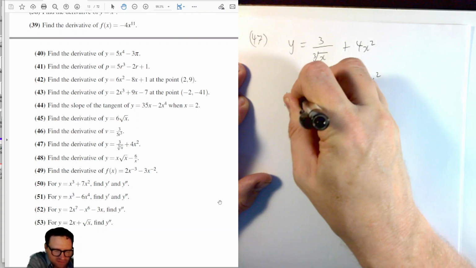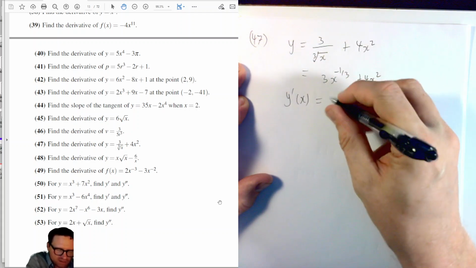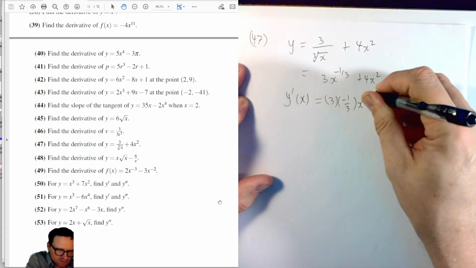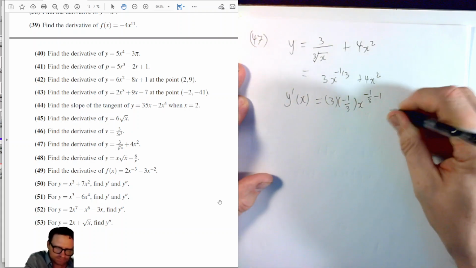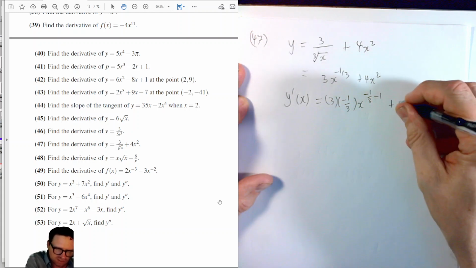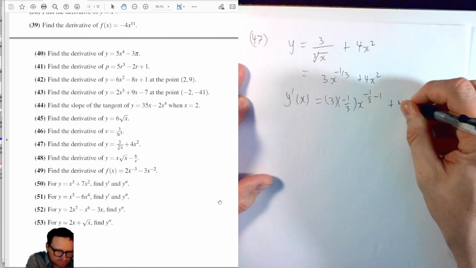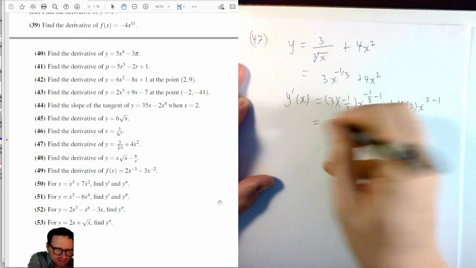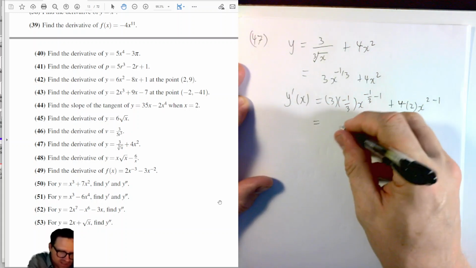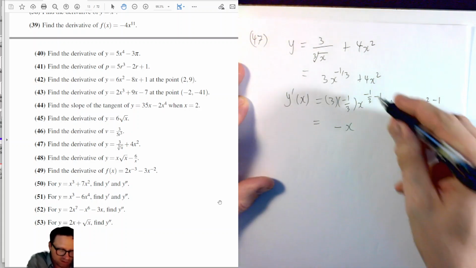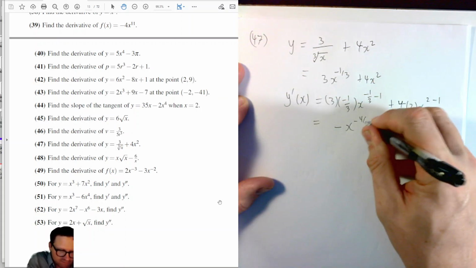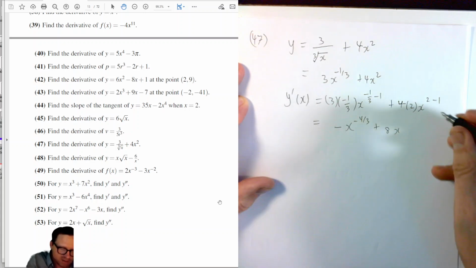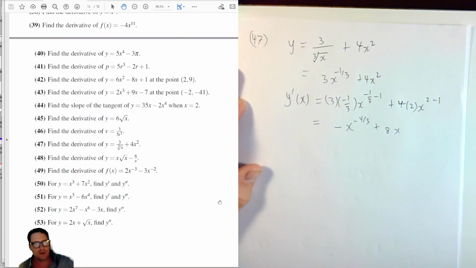So y dash of x, we bring down the minus 1/3, subtract 1 from the exponent. Same thing here, 4 times 2. Subtract 1 from the exponent. Simplify this, we cancel the 3s, and so we have minus x to the power of minus 4 over 3, and then plus 8x to the power of 1, which is 8x.